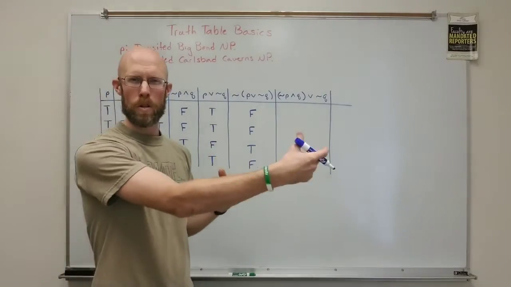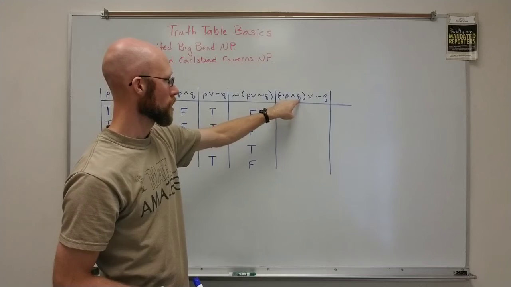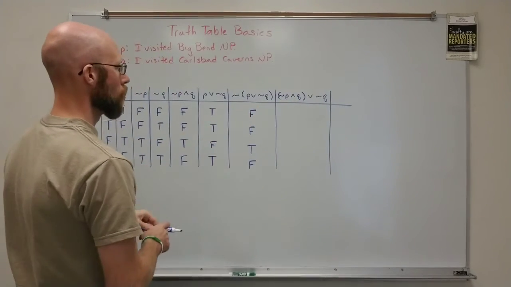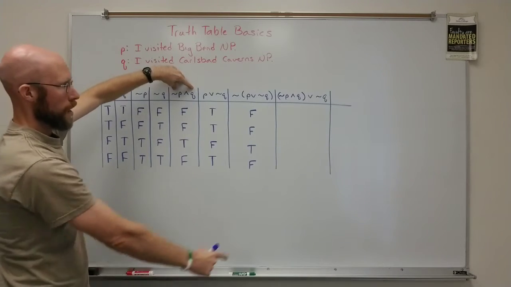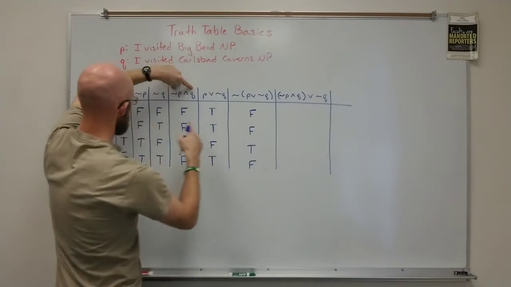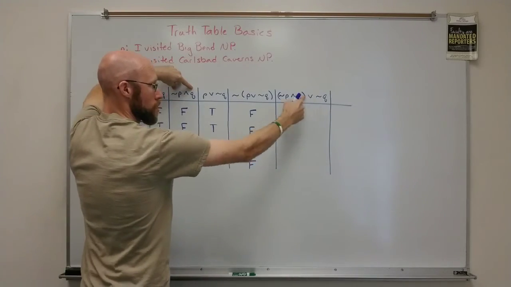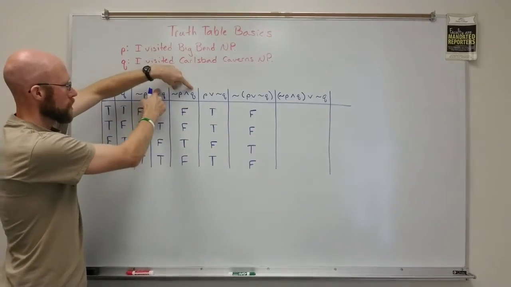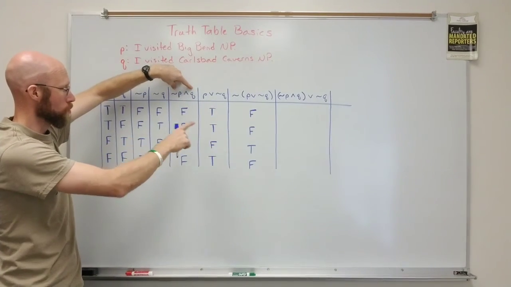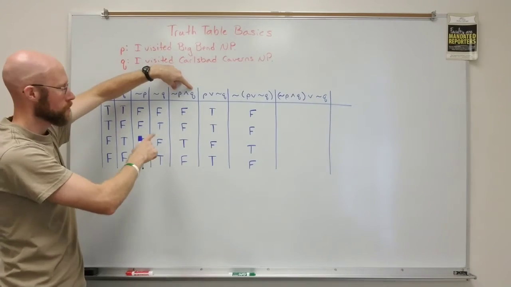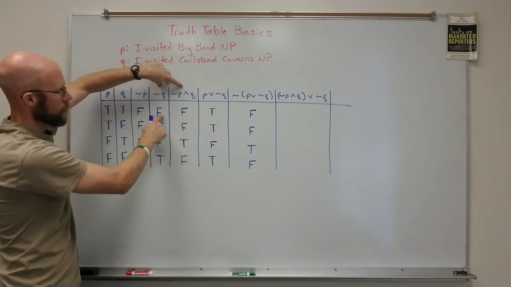We have a kind of a goal in mind. So here, I would take the not P and Q, which we already have a column for, and I would also take the not Q, which I also have a column for, and I'm looking for this as a disjunction, an or, which means the only place it's false is where both columns are false, which occurs in the first row, right?